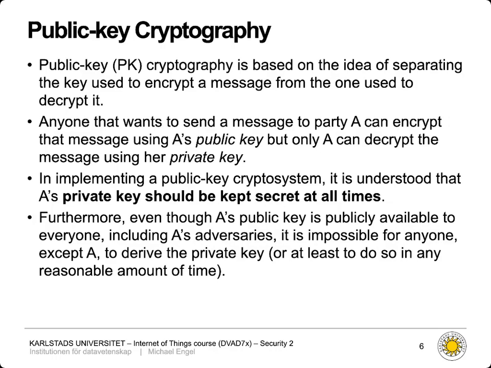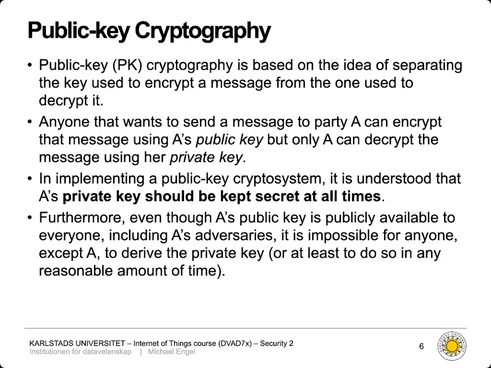Now, the good thing is the public key is publicly available to everyone, and this includes, of course, possible attackers and so on. Nevertheless, public key cryptography uses mathematical approaches that make it, well, almost impossible for anyone except the person who generated the keys to derive the private key.